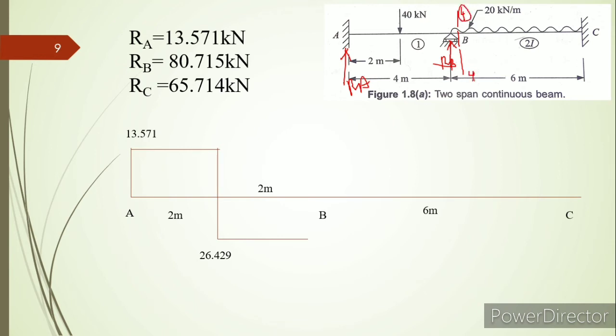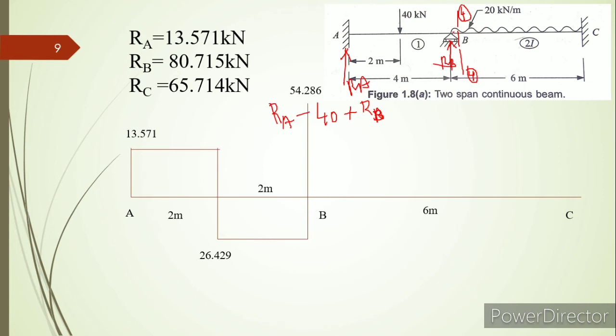By considering section 4-4, just to the right of B, the summation of vertical forces, that is the shear force, is equal to RA positive, then minus 40 acting in the downward direction, that is negative, plus RB also in the upward direction, that is positive. So RA minus 40 plus RB. By substituting the values of RA and RB, we get 54.286. Since it is a positive value, it is marked above the baseline.